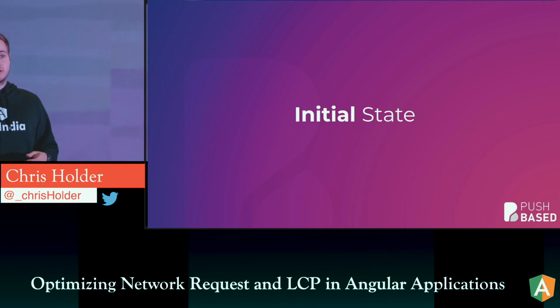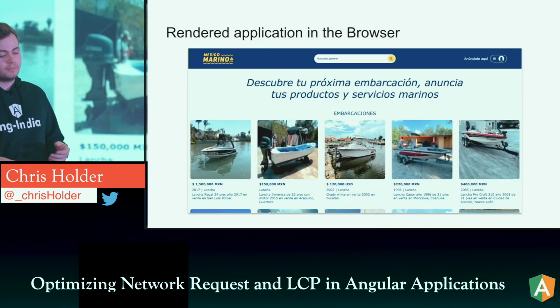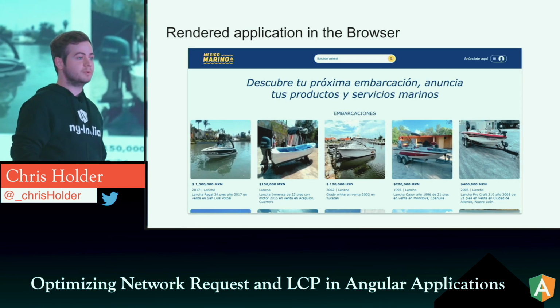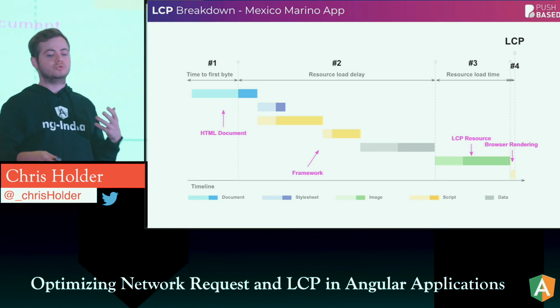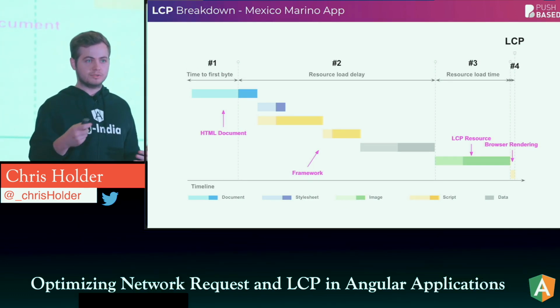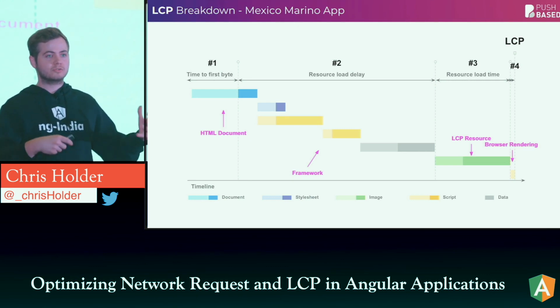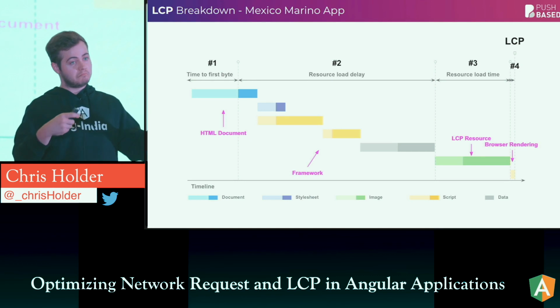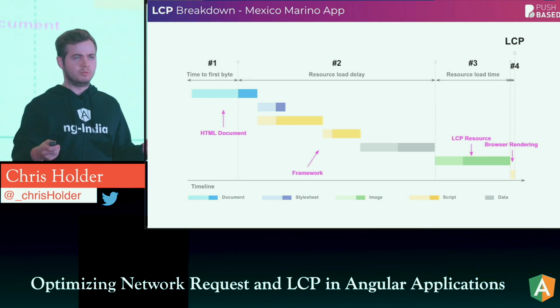Now, let's take a look at the initial state of our application. This is the application, right? And essentially what we want to do is improve the load speed of that first image so that we actually get it to load. This is an accurate representation of how much time the browser spends doing all the things and when things actually load on a 3G mobile device.